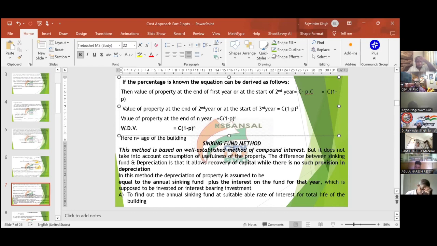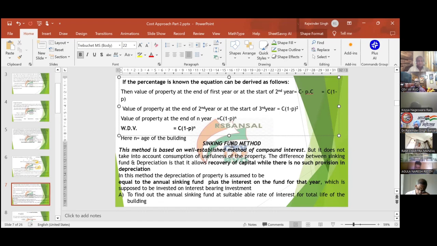And the third method is the sinking fund method. In the sinking fund method, you have to use two things. One is the sinking fund coefficient, and the second thing is the amount of ₹1.